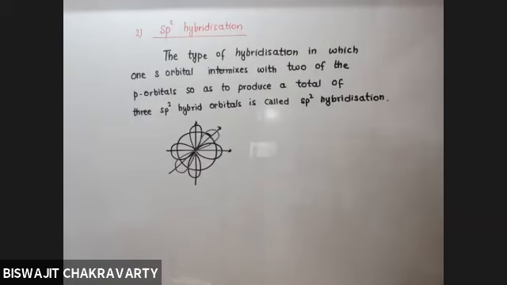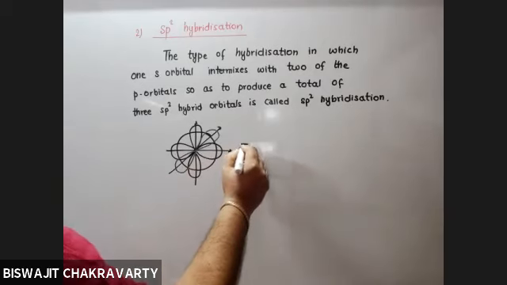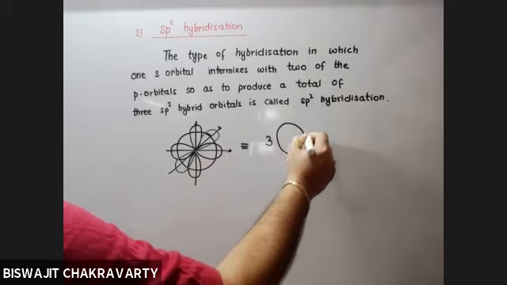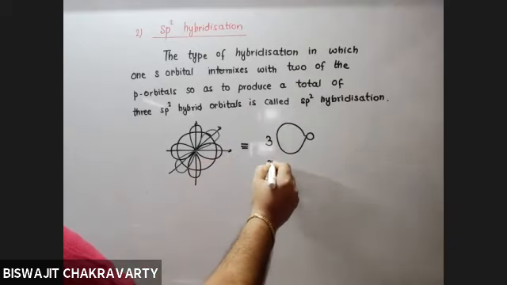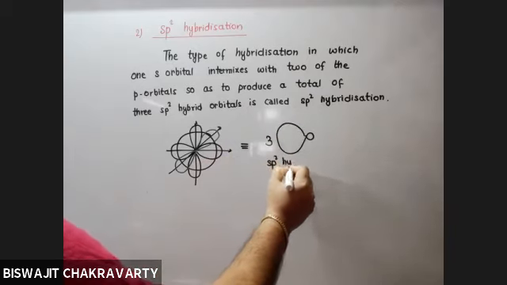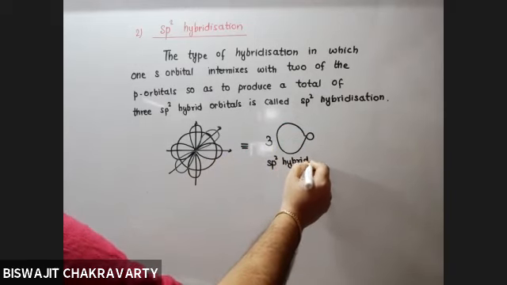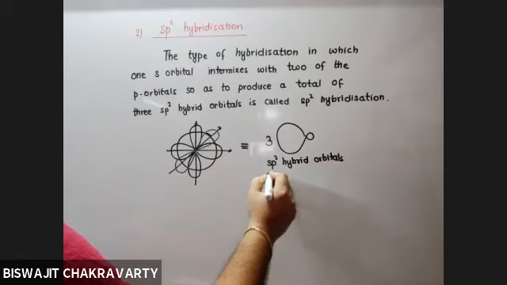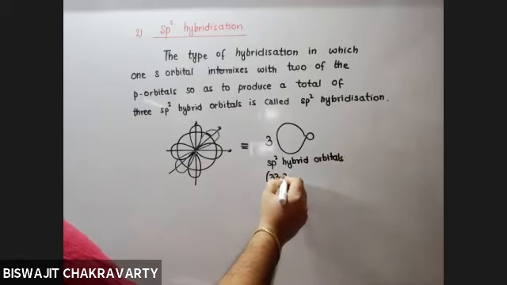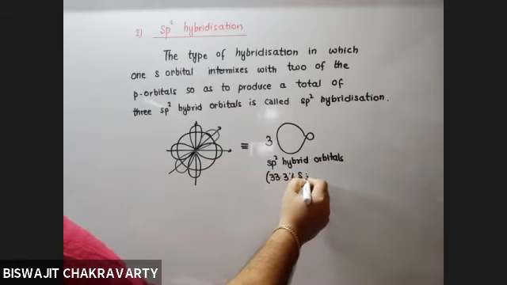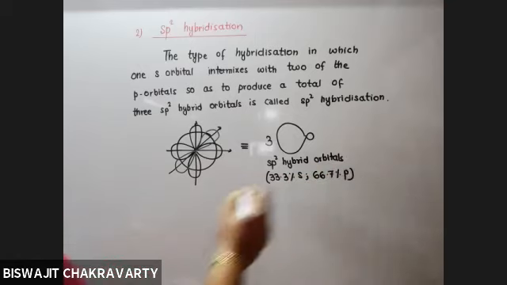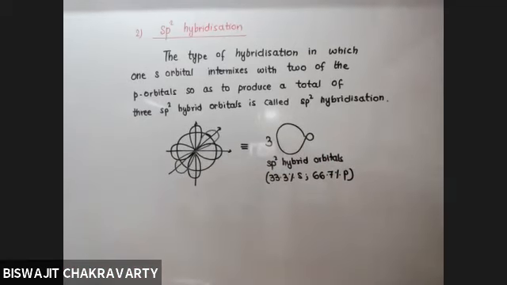As a result, what will happen? This is going to give us 3 sp2 hybrid orbitals with 33.3% s character and 66.7% p character. Because total of 3 orbitals are involved.